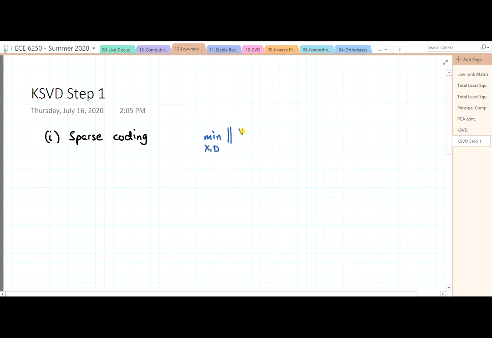Let's put it all together here: minimize ||Y - DX|| such that for every i, ||x_i||_0 is less than or equal to some number s. That would be an integer, typically. But we're going to focus on just this part. That's step 1. Minimizing over this.